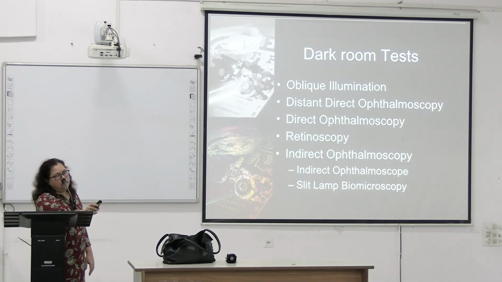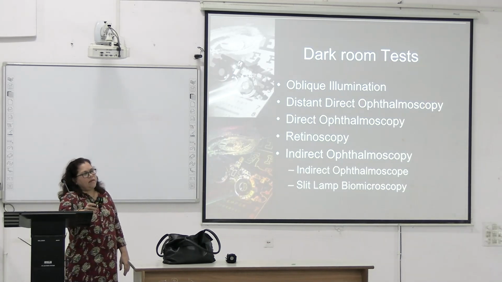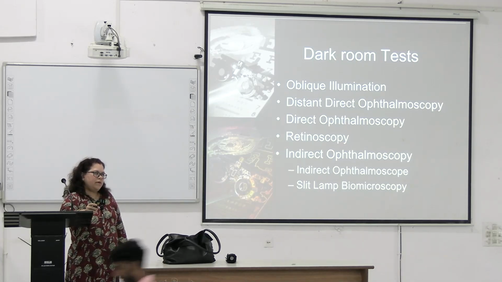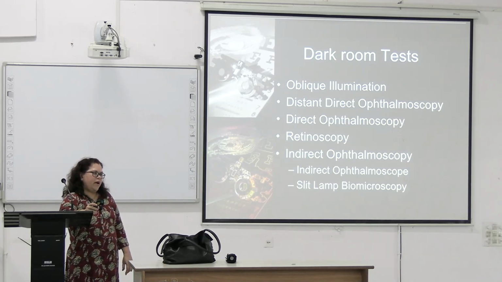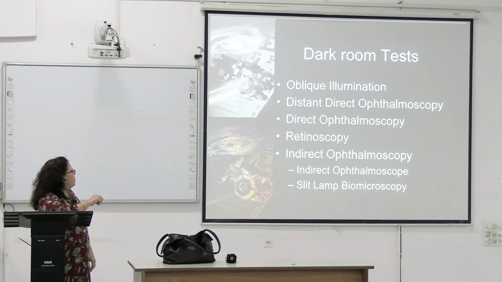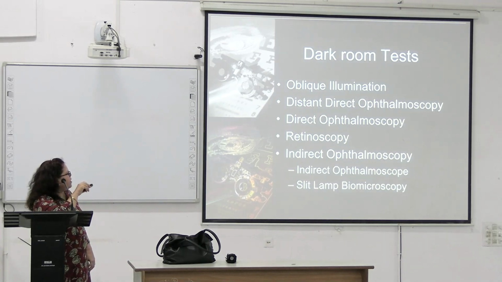So, ophthalmoscopy is the examination of the fundus through an ophthalmoscope, and it may be two types, direct ophthalmoscope and indirect ophthalmoscope. Normally we examine with oblique illumination, then direct ophthalmoscopy, indirect ophthalmoscopy and retinoscopy.